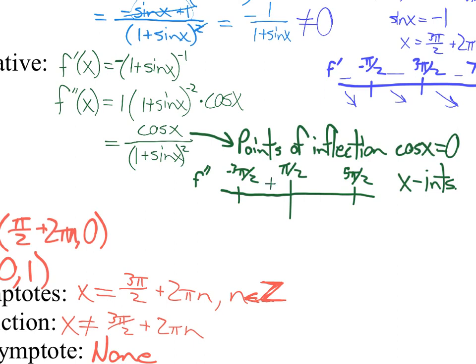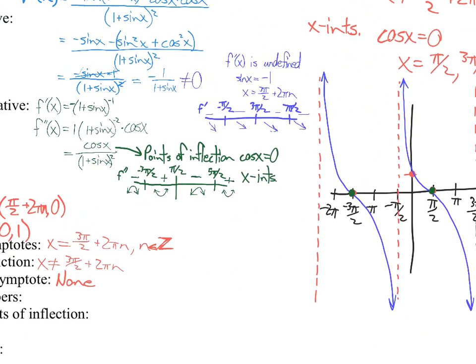If I plug in, say, a pi, cosine of pi is negative 1. Negative 1 over something squared is going to be negative. And we'll end up seeing a pattern here. So it's concave down, then concave up, then concave down, then concave up, and you can see here, guys, we have our intervals of concavity.